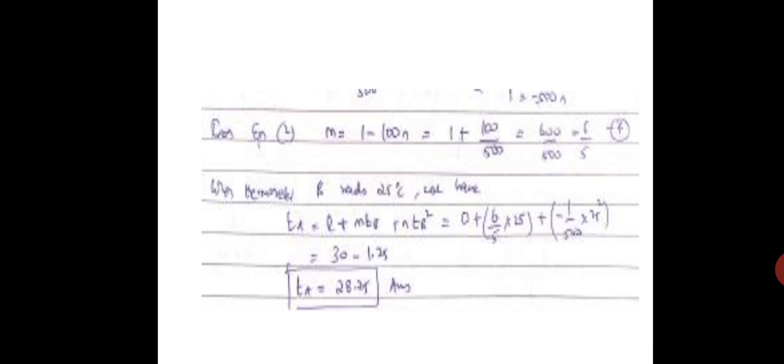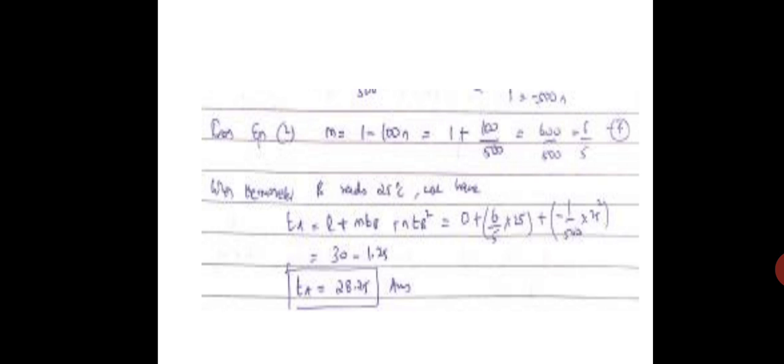So this is how you solve the problem. The relationship is given here, TA = L + mTB + nTB². They also say that thermometers A and B both agree at ice point and steam point, which means both are 0 and 100 at ice point and steam point respectively.